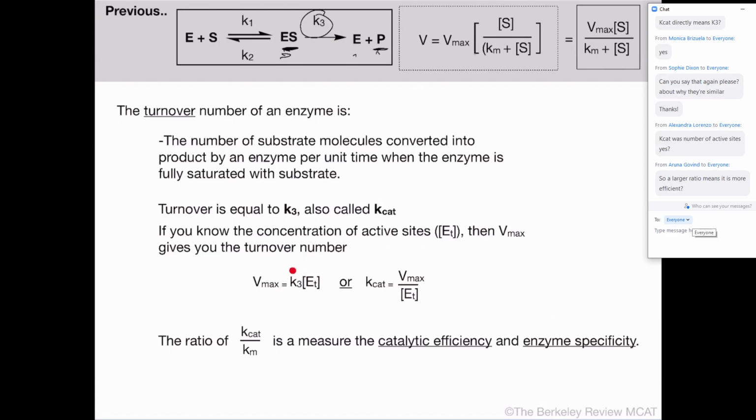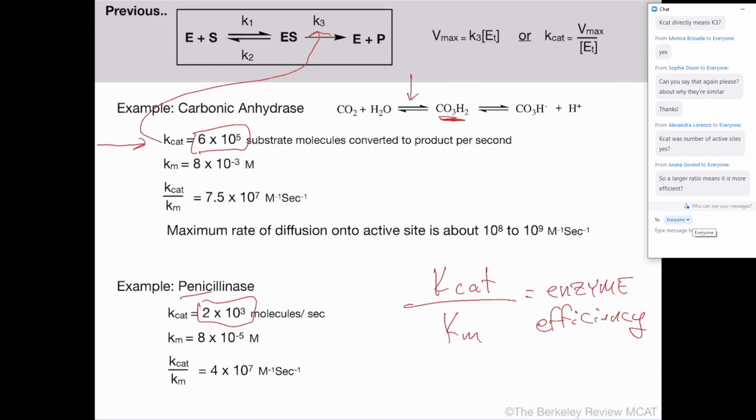So a larger ratio means it's more efficient. Yes. Right? So again, let me see this. Right? Km is ES binding, right? So if Km is small, equals more binding. Right?